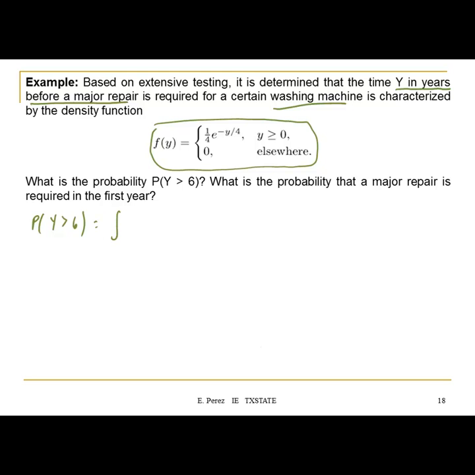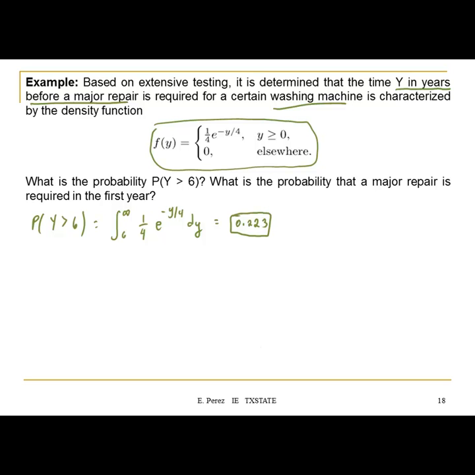You'll go from 6 to infinity of 1 over 4, e to the minus y over 4, dy. I'm skipping the details for the integration. If you have doubts, let me know, and I'll show you how to integrate this. But that probability will be 22%.